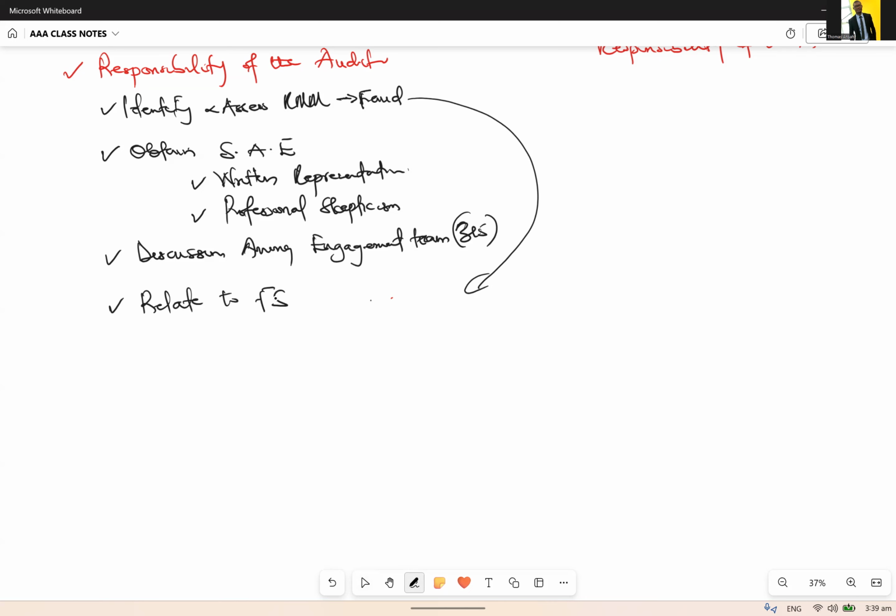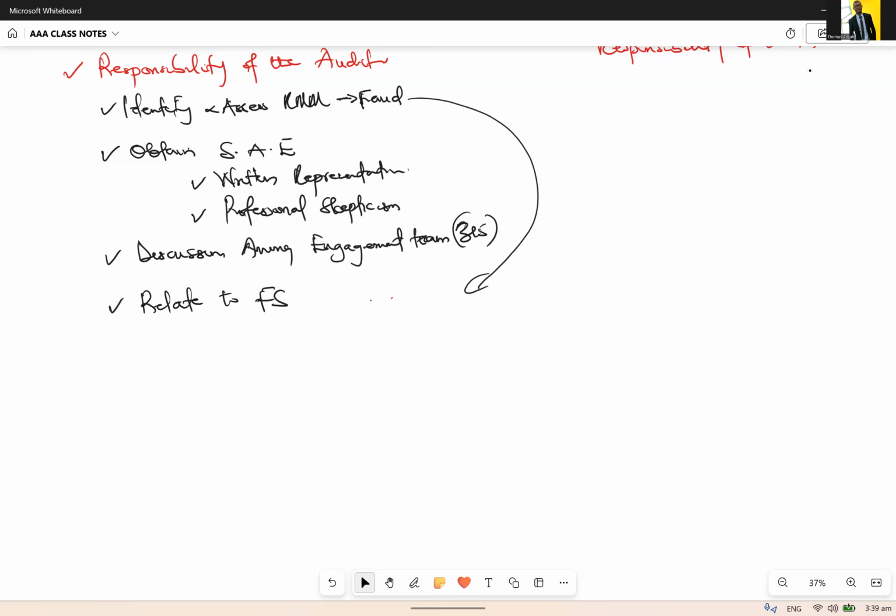If somebody has stolen money, how does it affect the financial statement? If somebody has committed a mistake, how does it affect the financial statement? So when you identify fraud, you must assess it in relation to how it affects the financial statement. Is it going to affect the cash balance, affect your asset? Is it so material that it will affect the opinion that you give? So these are the things that you do.